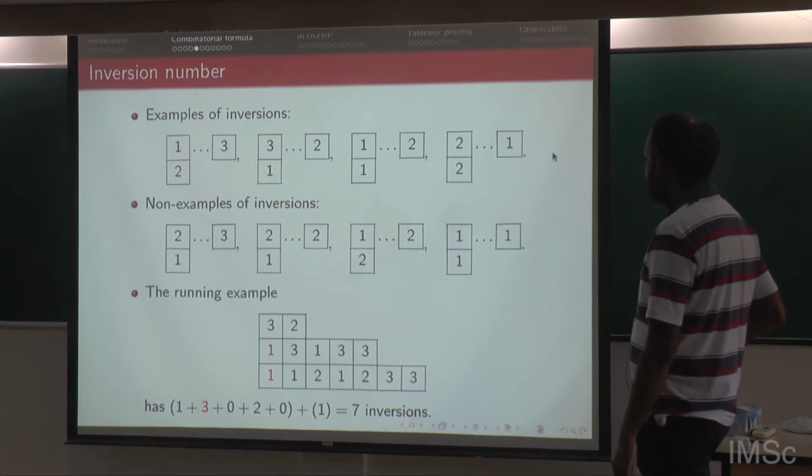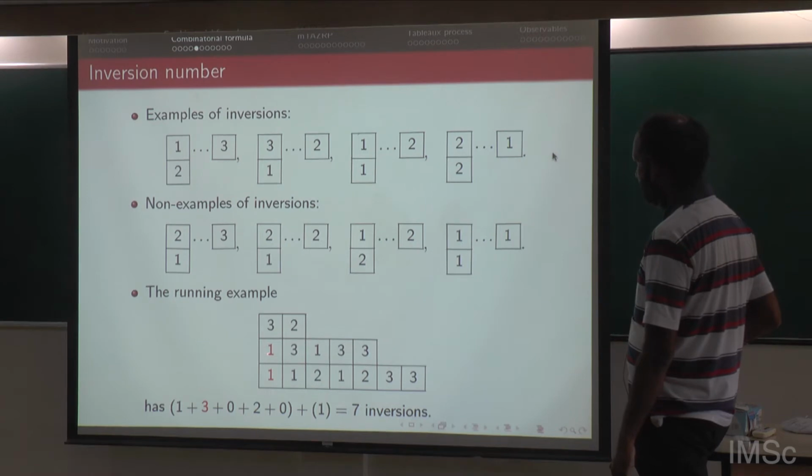And in this same running example, this pair u and v contributes 3 inversions, because whenever these two are equal and this is not equal to these two, then you get an inversion. This does not contribute an inversion. So you get an inversion from these 3 threes.